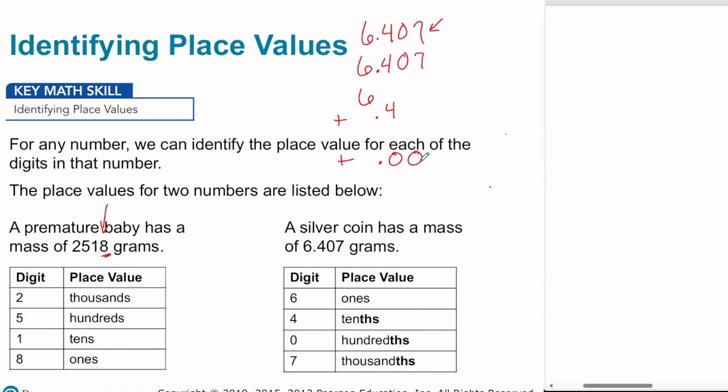We need both zeros to make up the placeholders here, okay? And we need 0.007 to express our thousandths of a gram. When we add these all together, we'll get our total number. Okay, so these are the place values for a decimal number.